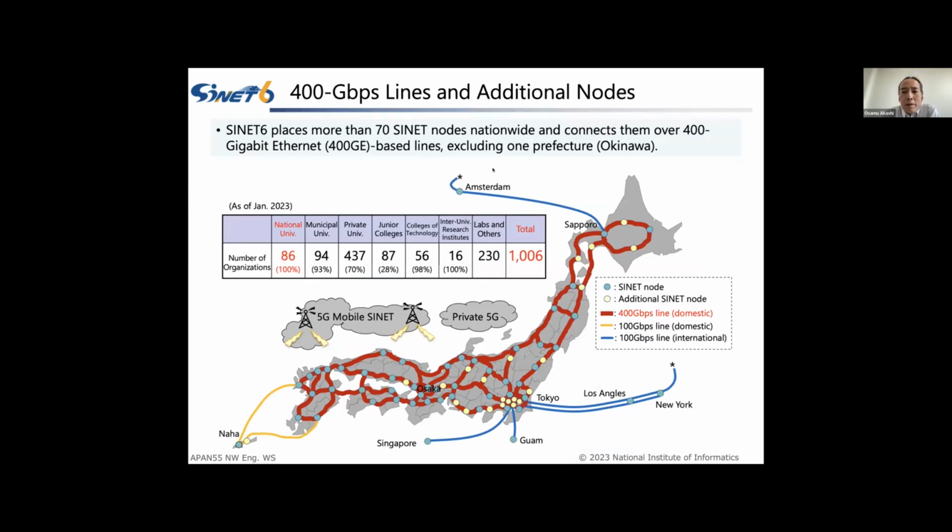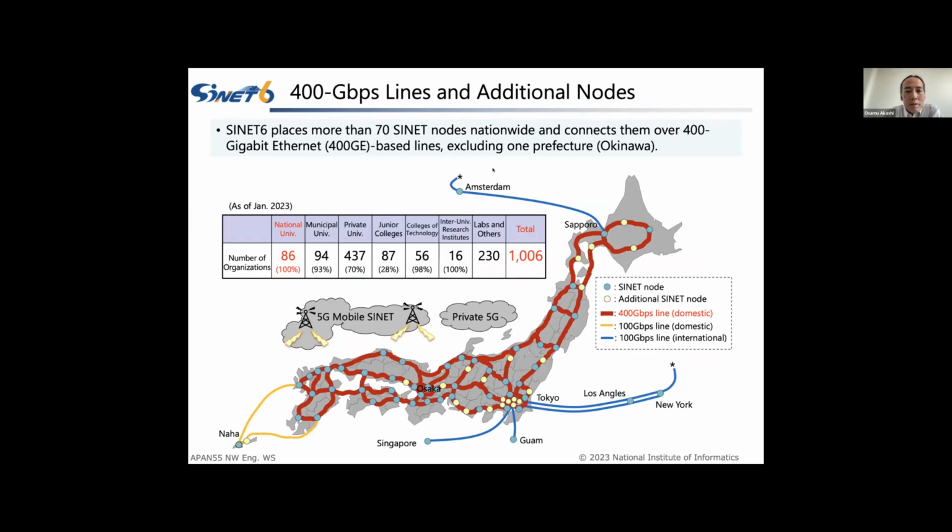This is the Japanese domestic topology of 400 gig lines. The red line shows the 400 gig line topology. We connected almost all 47 prefectures in Japan by 400 gig technologies. Due to technological restrictions, Okinawa, mainly Naha, is connected using 100 gig lines.